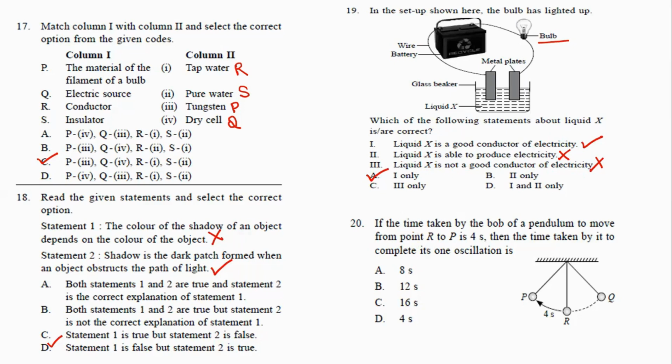If the time taken by the bob of a pendulum to move from point R to P is 4 seconds. So from R to P, it is going in 4 seconds. Okay. Then the time taken by it to complete one oscillation. So we can say one oscillation is complete if the bob starts from P. So P is the starting point and Q is the ending point, right?